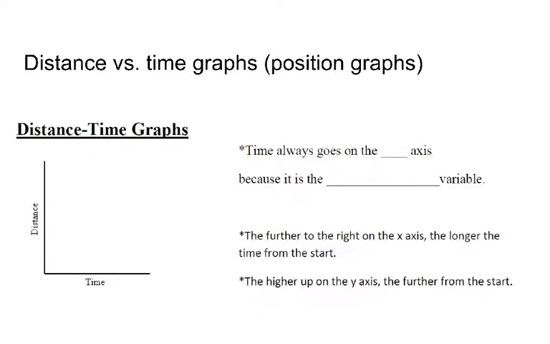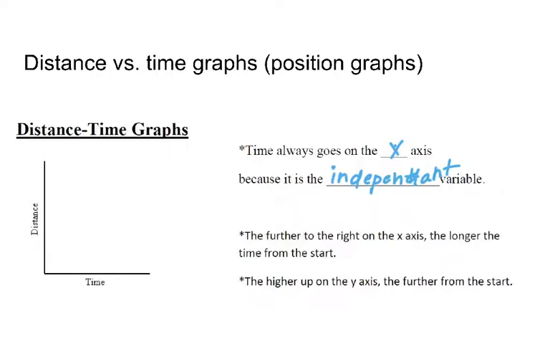All right, time always goes on the x-axis, because it's the independent variable. The further to the right on the x-axis, the longer the time from the start. The higher up on the y-axis, the further from the start.